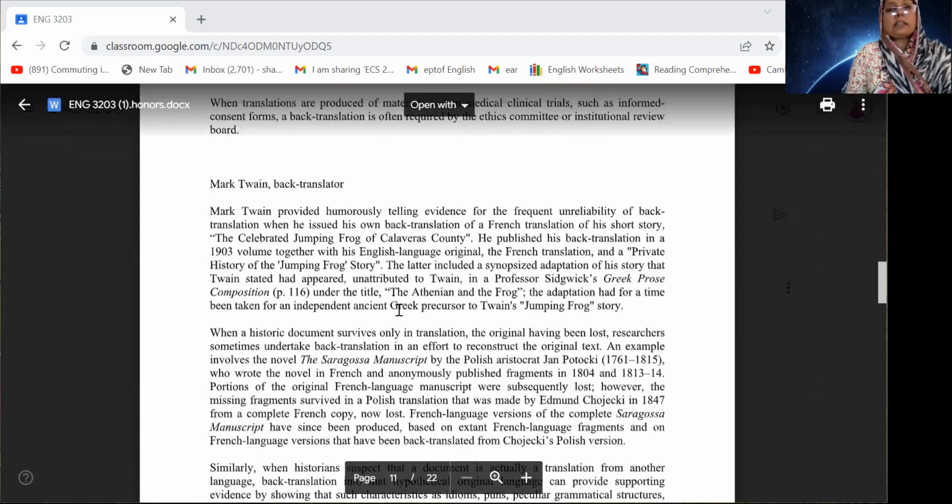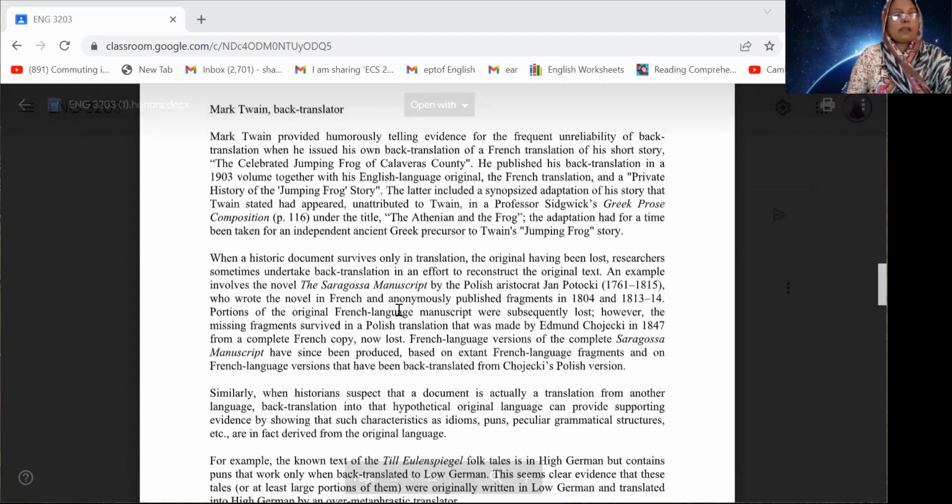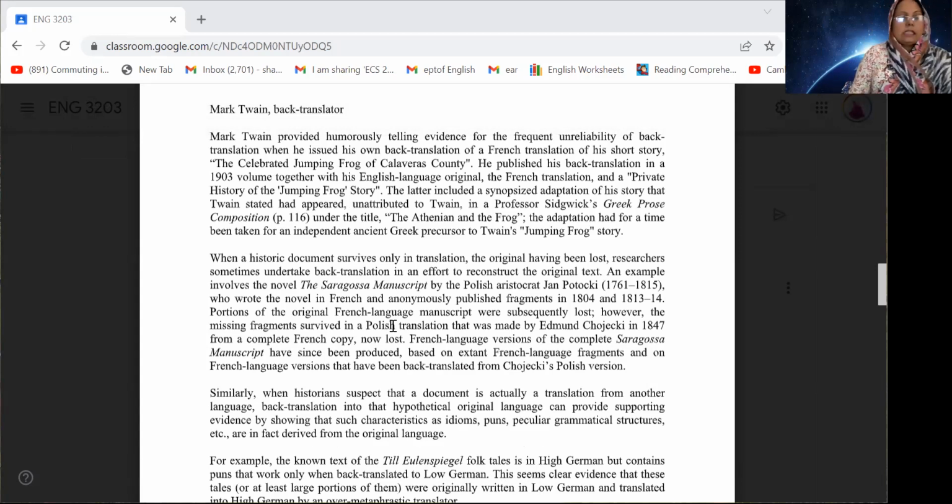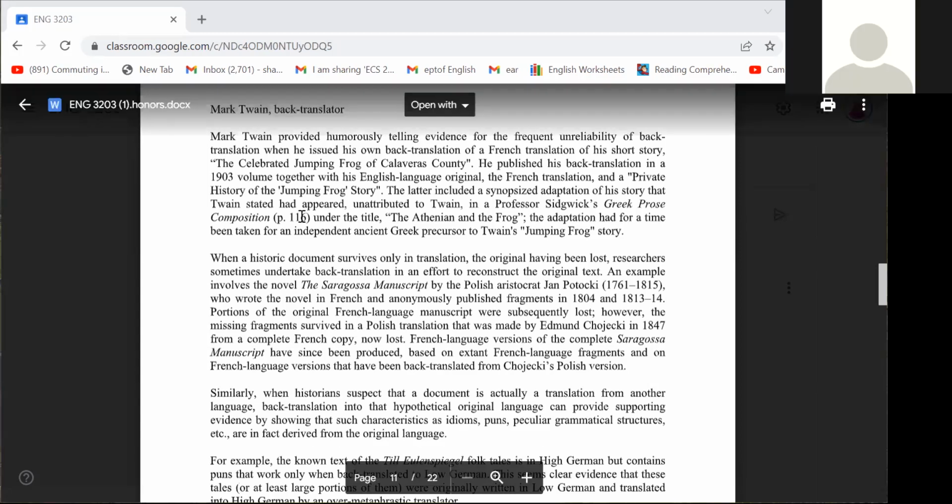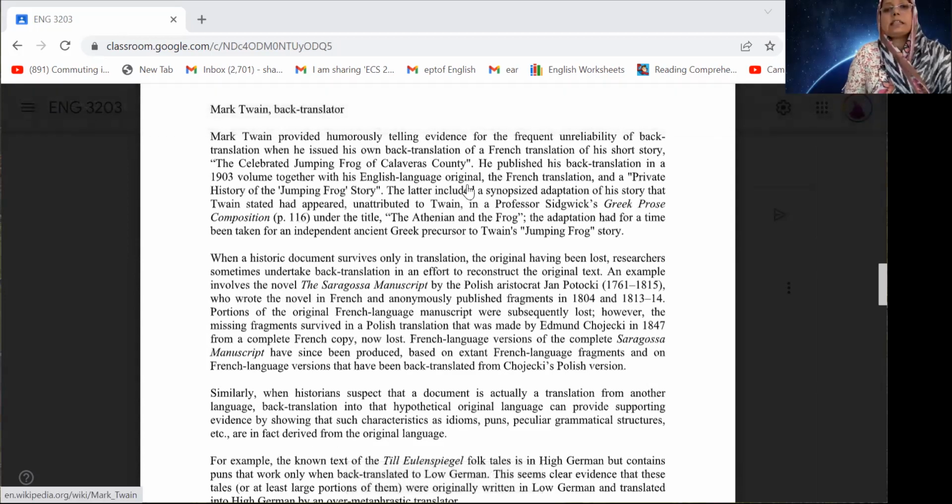Now, from Mark Twain, who used back translation for his short story. He published his back translation in 1903 in a volume together with his English language original, the French translation, and a private history of the Jumping Frog story.